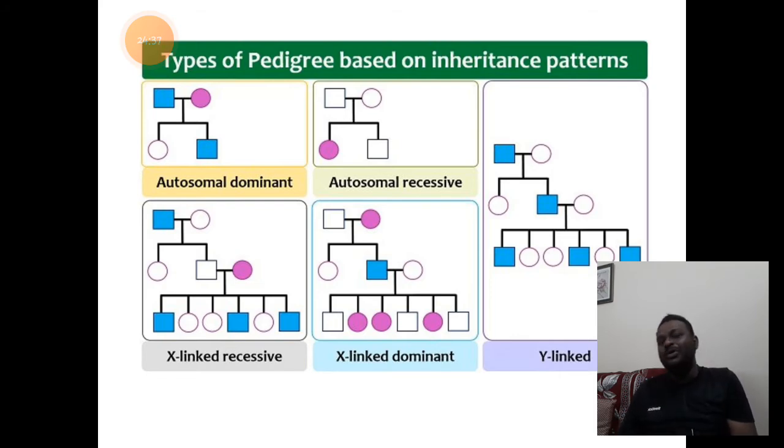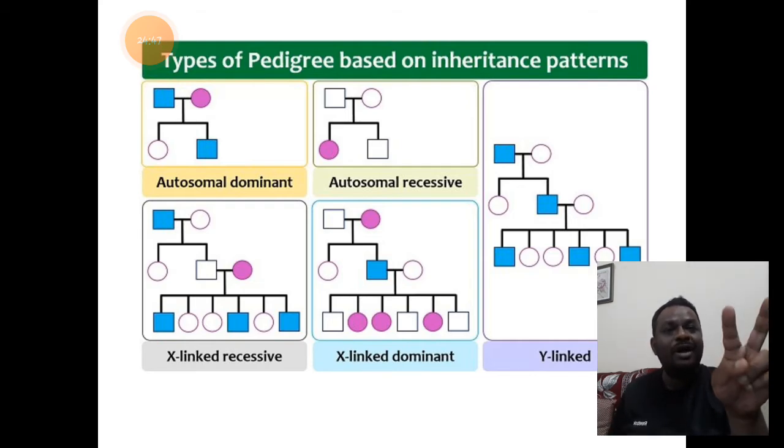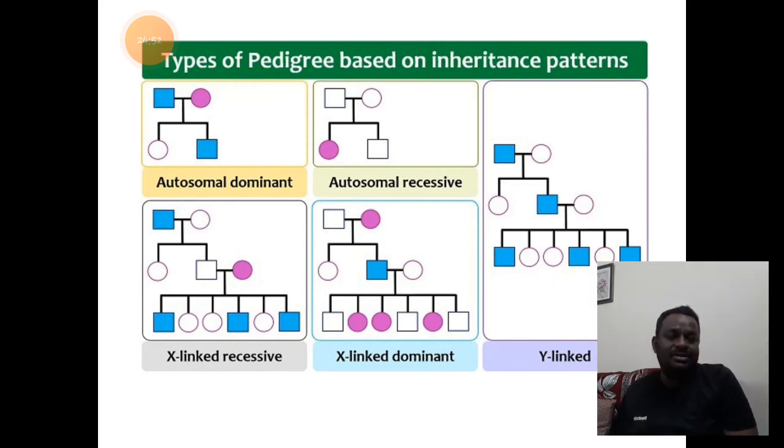So how would you identify a type of pedigree inheritance as autosomal dominant? It is by the method where 2 affected parents give birth to a normal child. In autosomal recessive, it is vice versa.